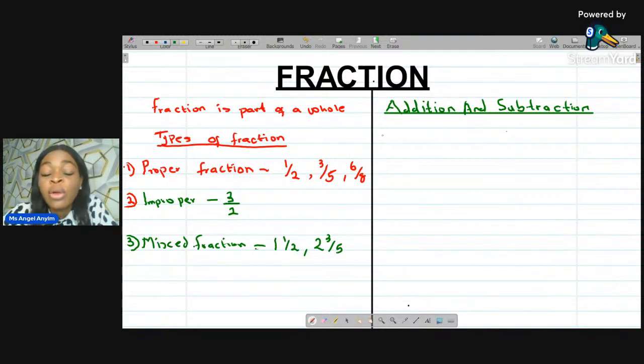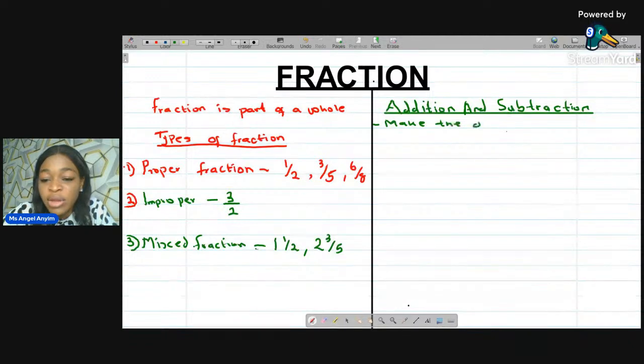So when we want to add fractions, there are some laws that are governing addition and subtraction of fractions. The first law is make the denominators the same. Take note of this law. Make the denominators the same.